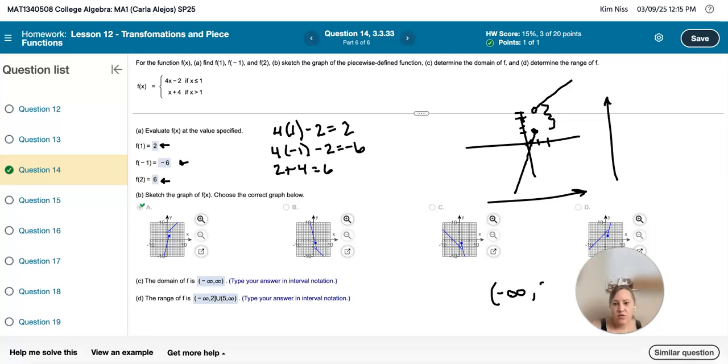And at y equals 2, because it's a filled in circle at that point, we're going to use a bracket. And then the union accounts for that little jump in between. And then we're going to start again at y equals 5. But at y equals 5, it's an open circle, so we need to use a parenthesis there. So 5, and then again, the graph goes off into positive infinity farther than we even really know, right? And so that's our range.